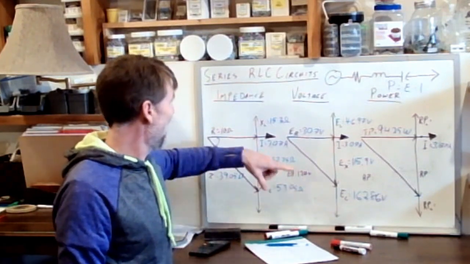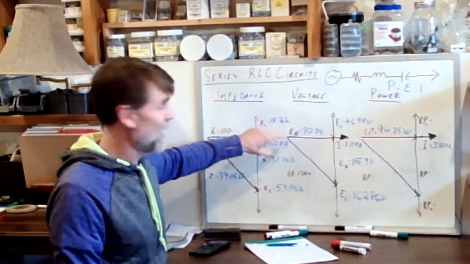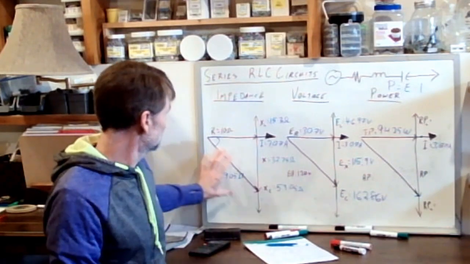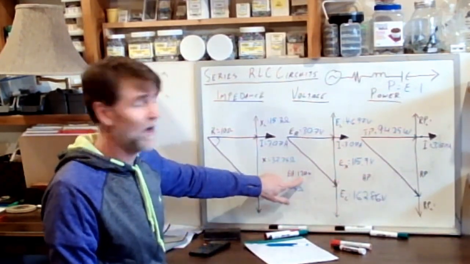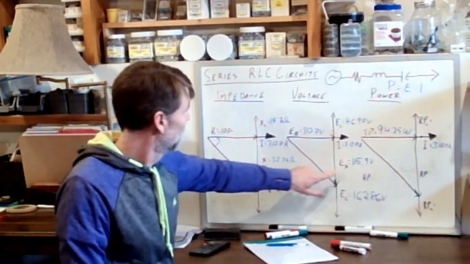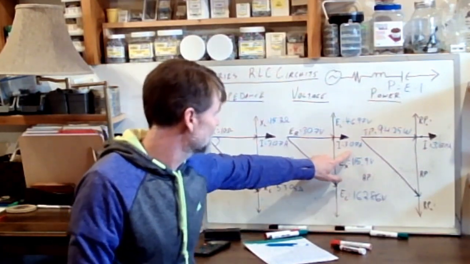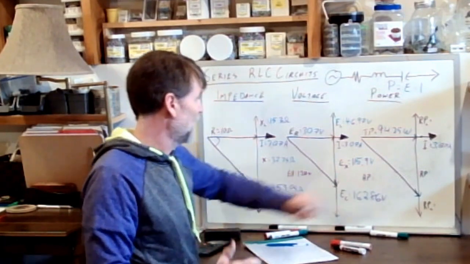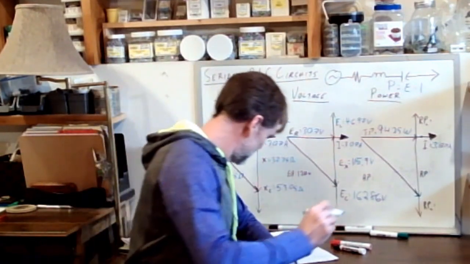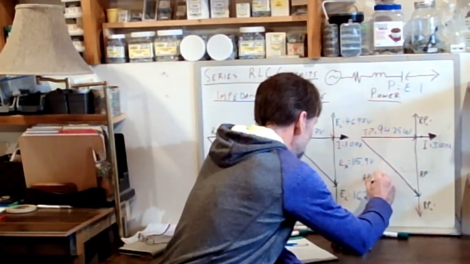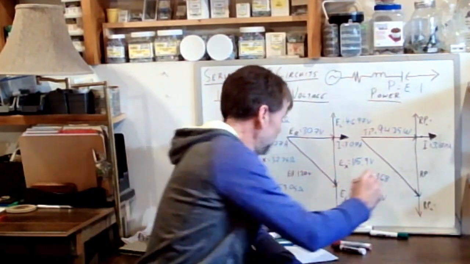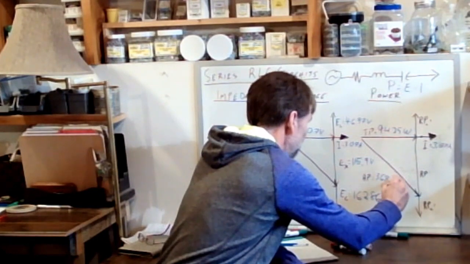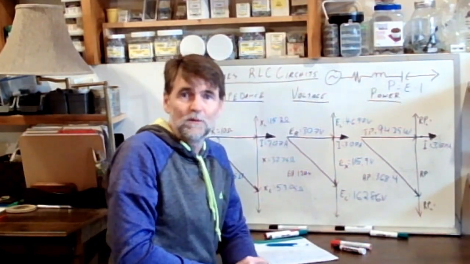Next, let's look at the hypotenuse, which is all of our total values in our circuit. So our applied voltage was 120 volts multiplied by 3.07 amps, which will give us our apparent power, 368.4. What's the units for this?